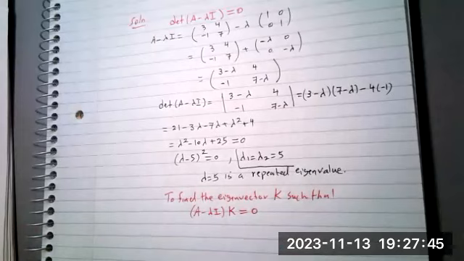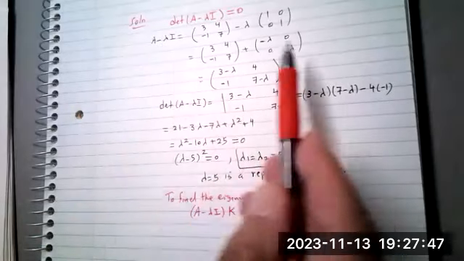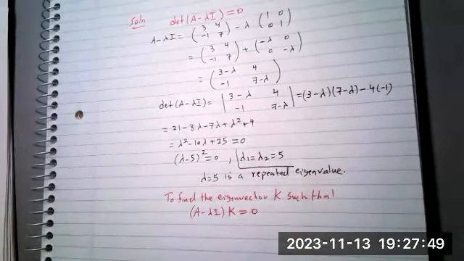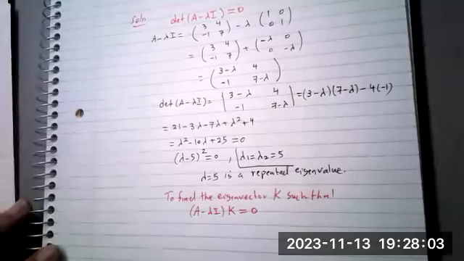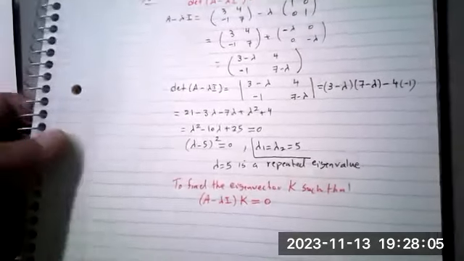Go back to whatever you did before, A minus lambda I. You change your lambda equal to 5, and then you form this equation to get the K. Remember, K is a vector.